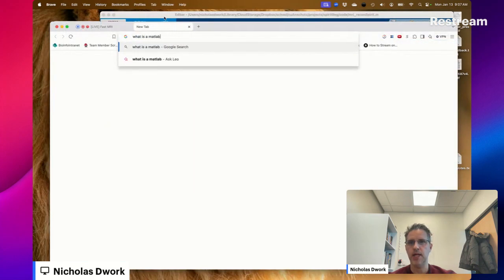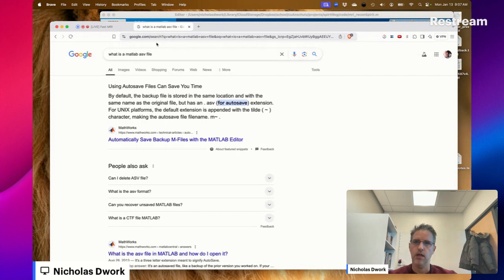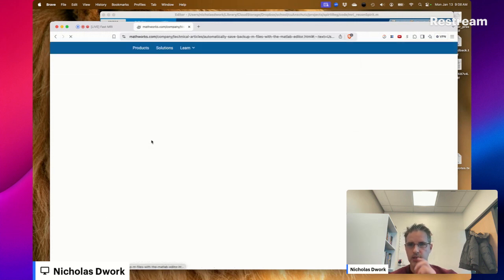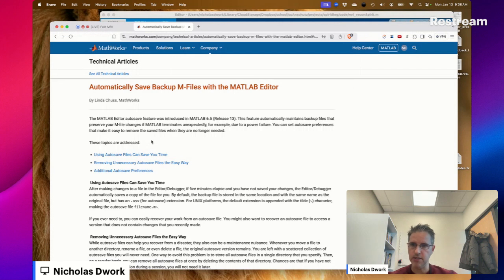What is a MATLAB ASV file? Autosave files can save you time. By default, the backup file is stored in the same location with the same name as the original file, but has an extension of ASV. Okay. Is it just a backup file, or is it actually like a pre-compiled thing?